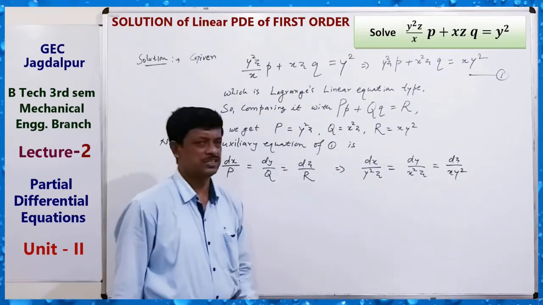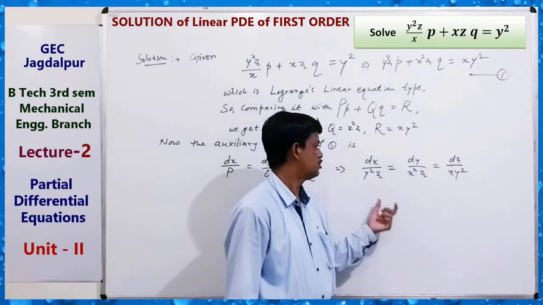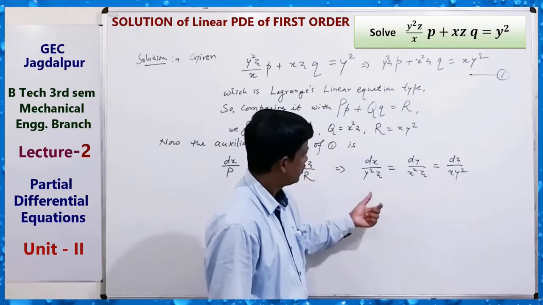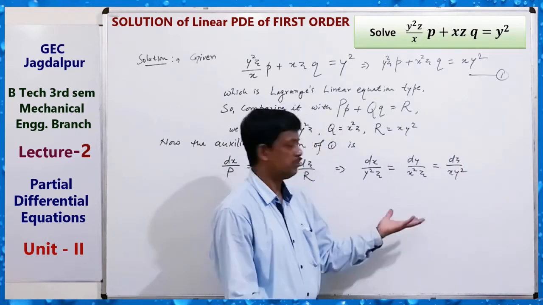Very simple. You can take the first two because z will cancel. Also you can take the first and last, where y square will be cancelled, and then you can also solve it.